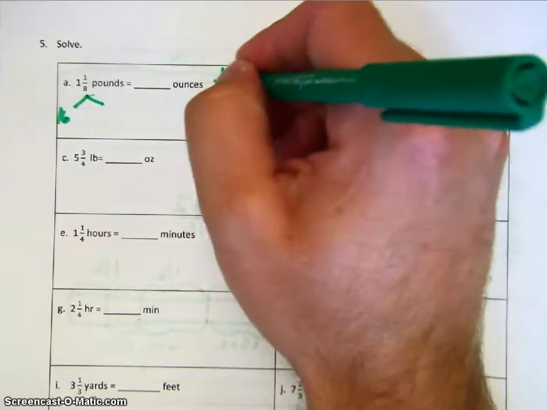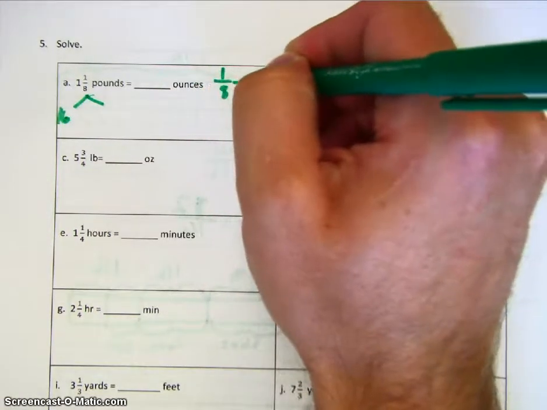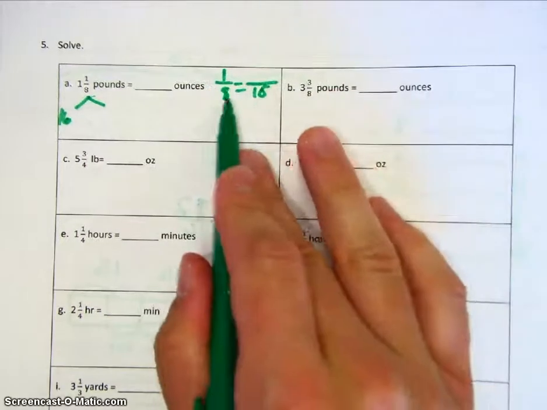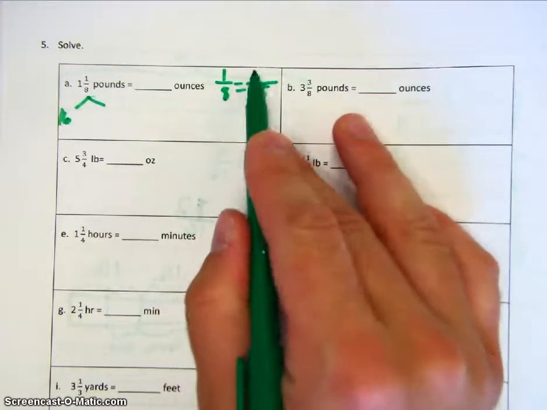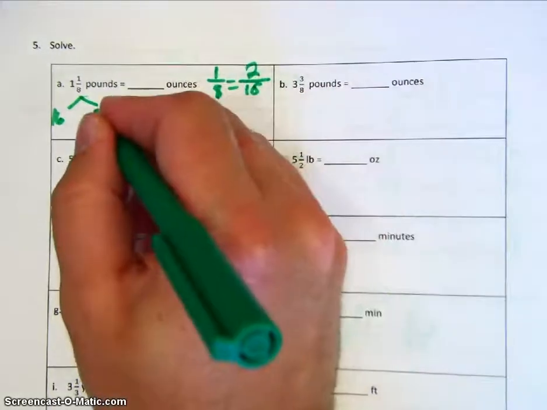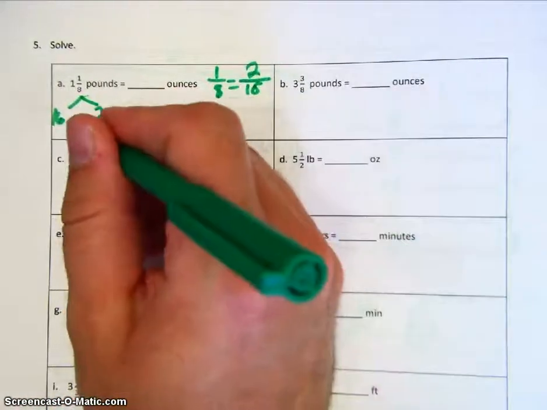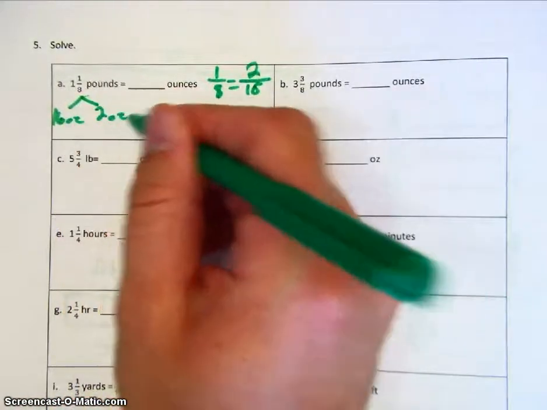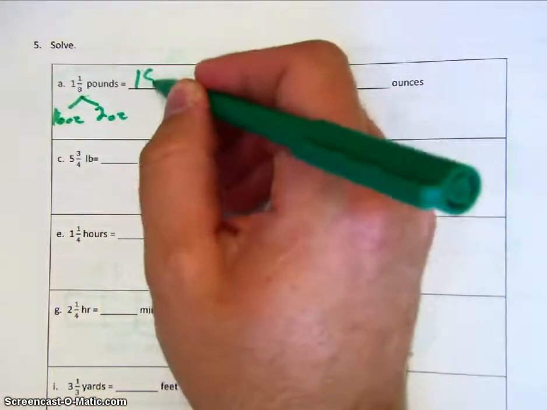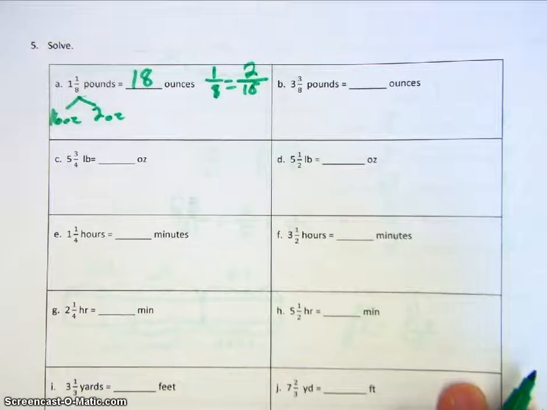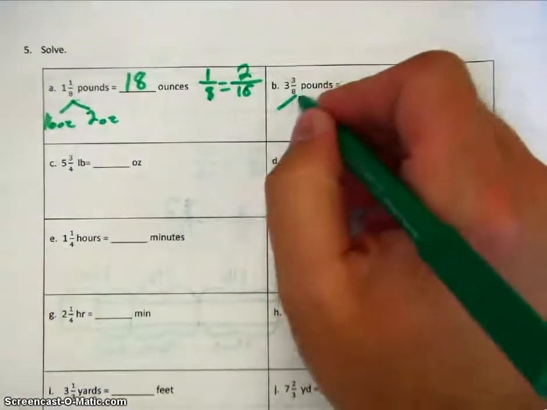We think 1/8 equals how many 16ths? Well, 8 times 2 is 16, 1 times 2 is 2. So we have 16 ounces for a pound, and then 2 ounces for our 1/8 of a pound, total of 18 ounces.